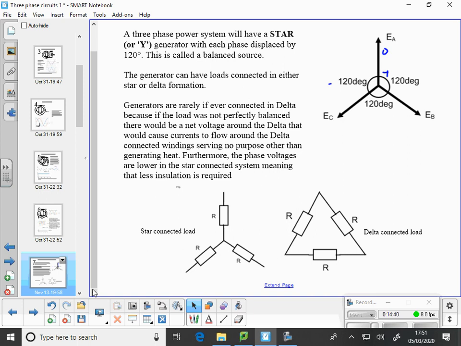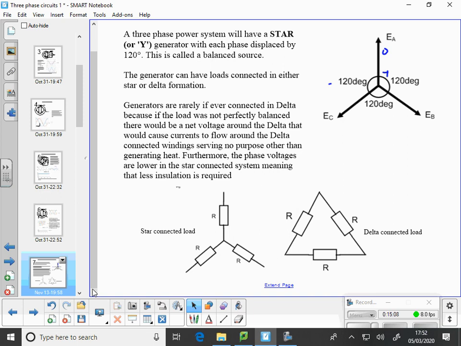One less cable. You go to star so you can make the 4th wire and get the neutral point in the middle. We're coming on to that in a minute. If you've never seen beyond the 11 kV system in detail, then you won't usually see transformers connected in delta.